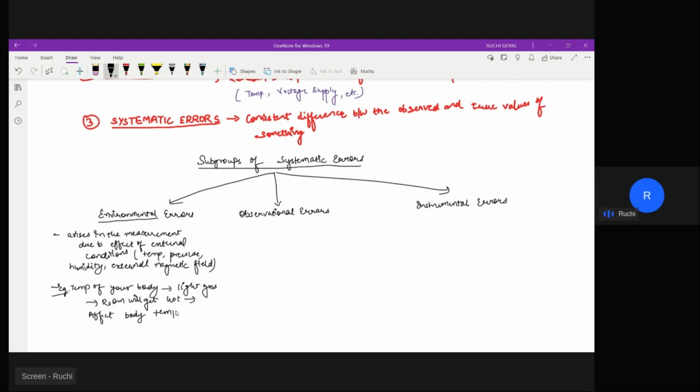So this will be an example. There will be a difference in the reading, so the environmental error arises here.